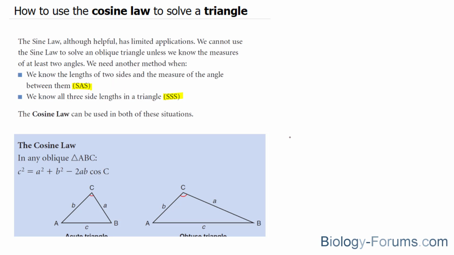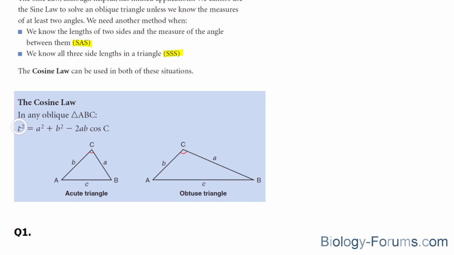There are three variants of the cosine law, but the most common is written right here. The other two variants are easy to derive. If you have this memorized, the other two are easy to derive, and they start like this.